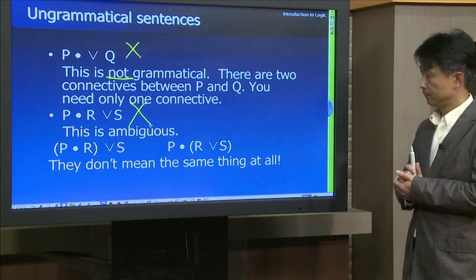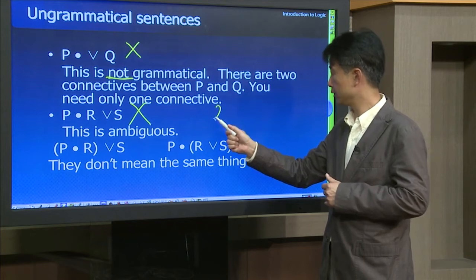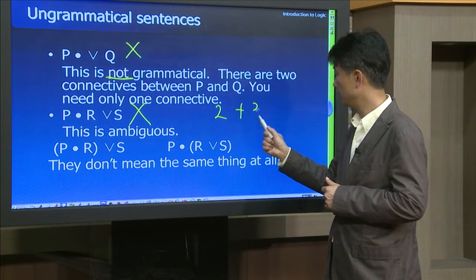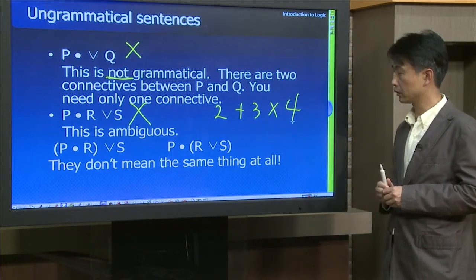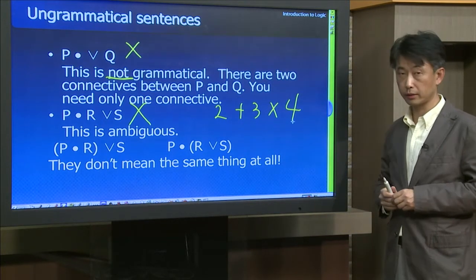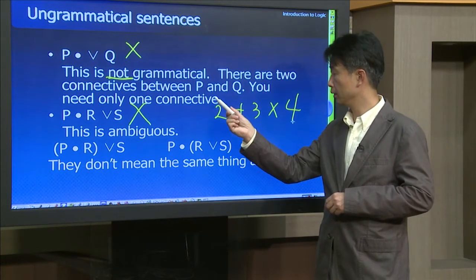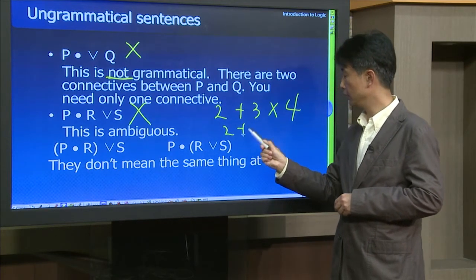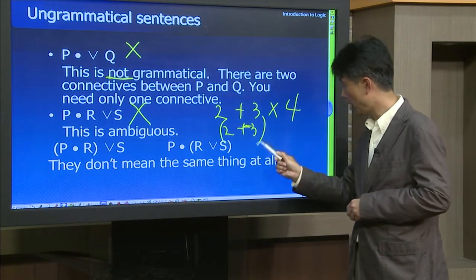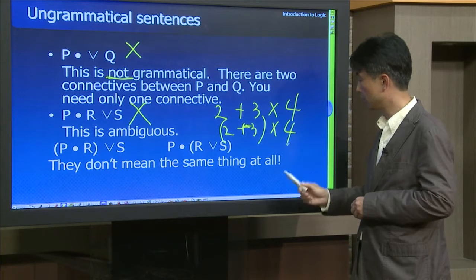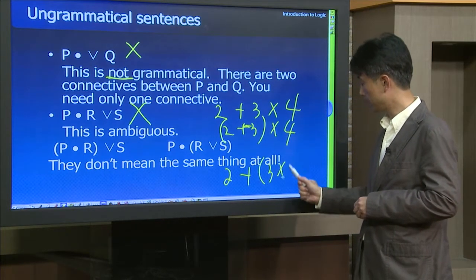It's like saying 2 plus 3 multiply 4. This is not grammatical in mathematical expressions, because it can mean 2 plus 3, that is multiplied by 4, or it can mean 2 plus 3 multiplied by 4.